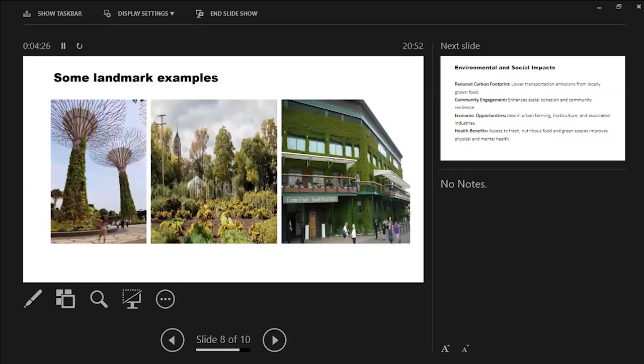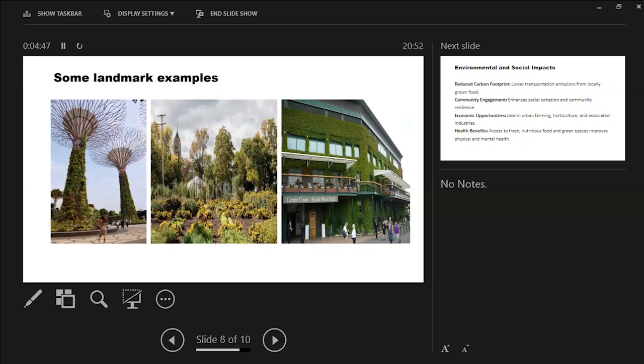These are some landmark examples of urban horticulture. The first image is of a rooftop garden from Singapore. Another one is the Detroit urban complexes, which started in 1890 and served as a major food channel for the urban people.